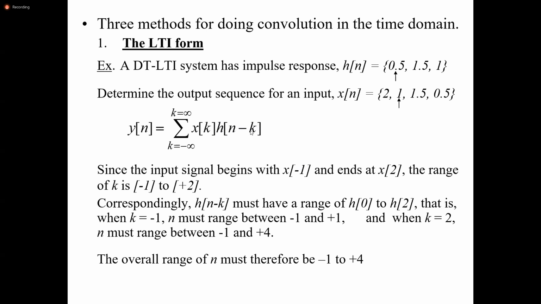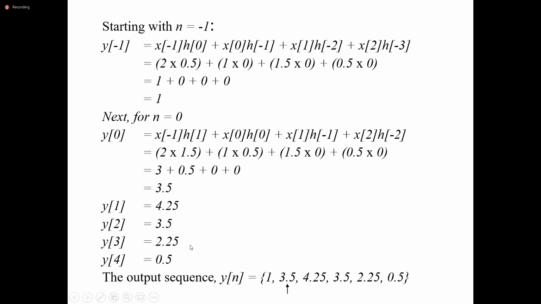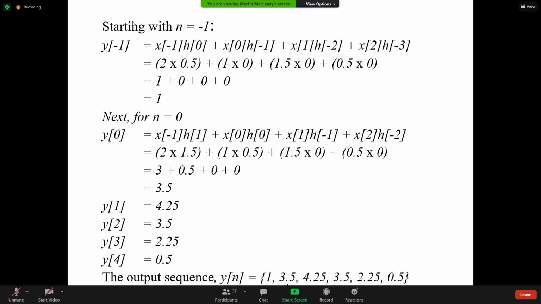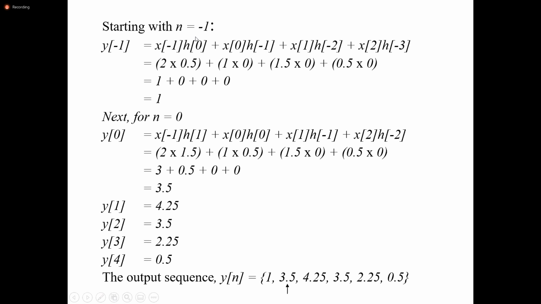So when k is -1 and n is 0, what are the limits and so on? Not very easy, very confusing. But you could take them and work them out one by one. So you go in k, x of -1, and so on. Work it out and you get that. Then for n is equal to that, work it out and you get 3.5, and so on.